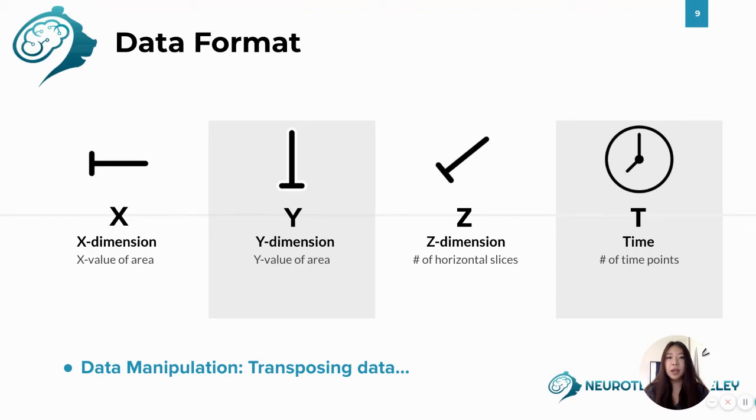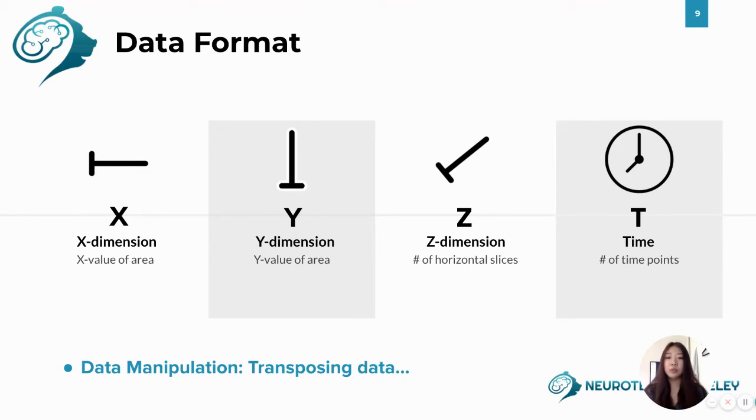Something I wanted to review again, because it's really important, is the data format. Remember that there are 4 dimensions typically in fMRI data. There's X, Y, Z, where X and Y give you the area of the brain slice, and Z gives you the number of horizontal slices. When you're taking fMRI images, a lot of the time you're looking at actual brain slices.